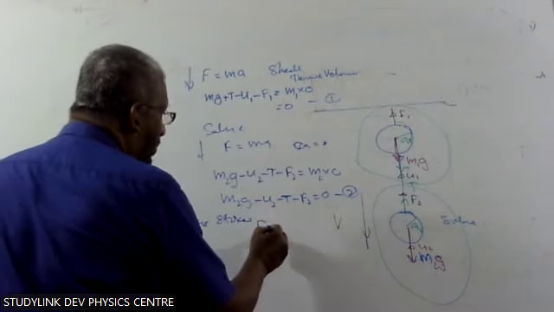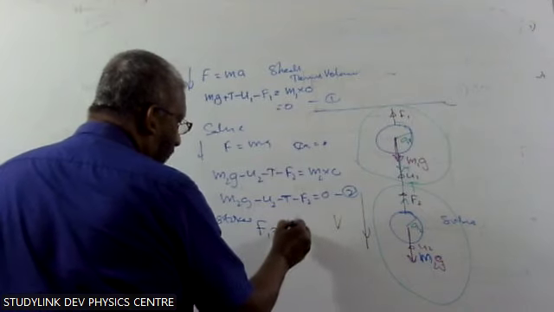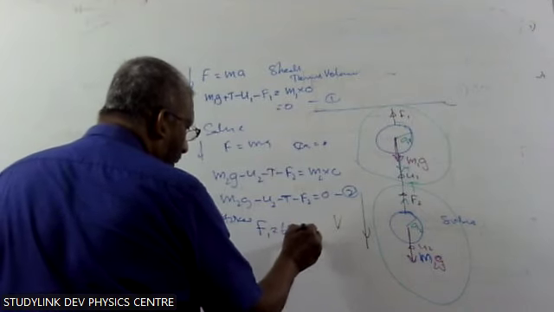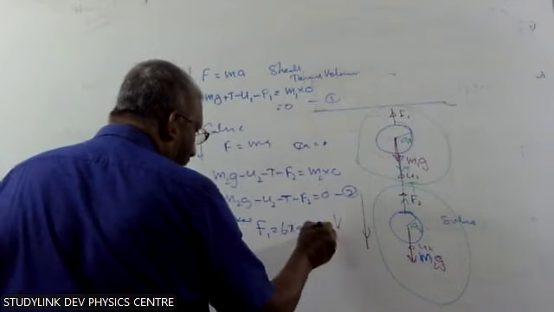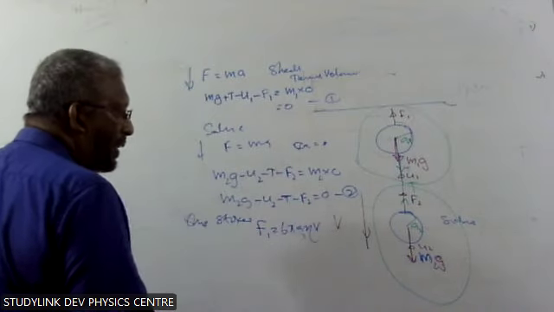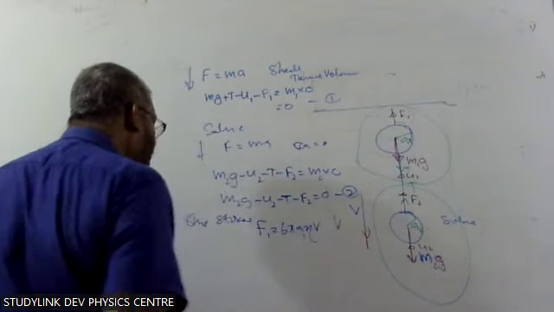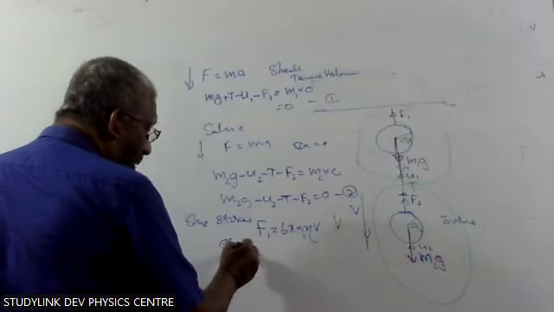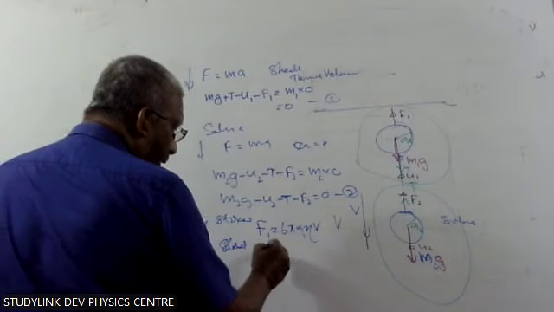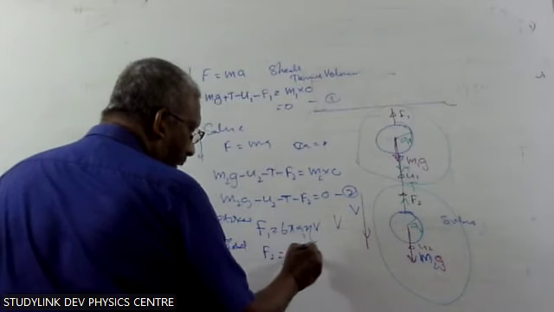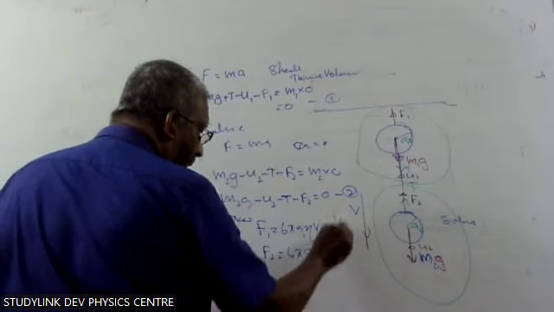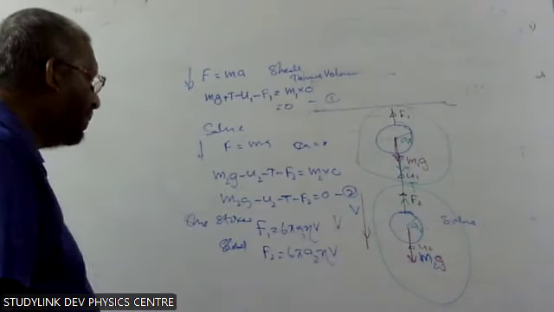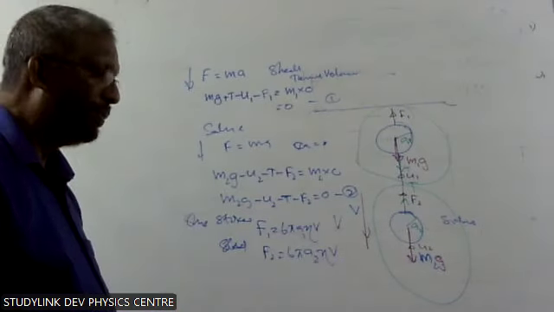F1 is equal to 6 pi A1 eta V. V is the common velocity here, downwards. For the solid one, we can write F2 is equal to 6 pi A2 eta V. You understood, no? F1 and F2.